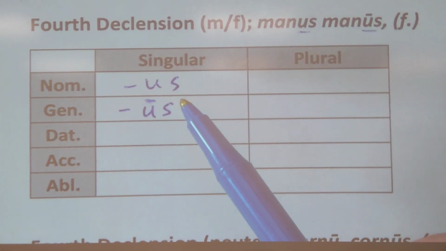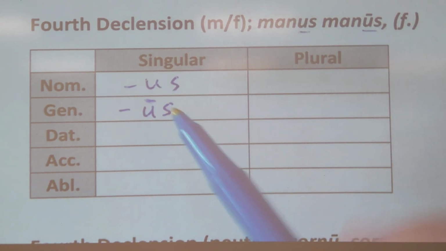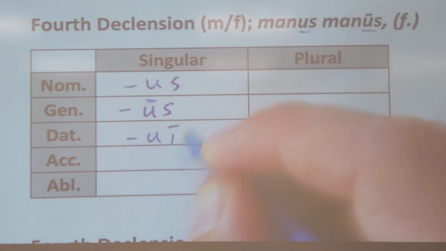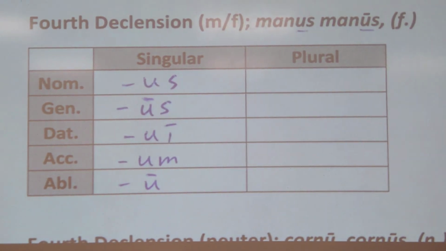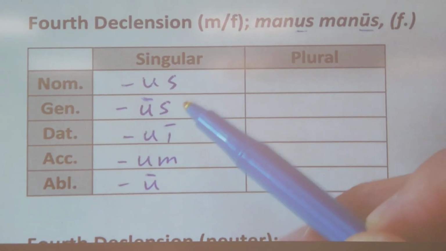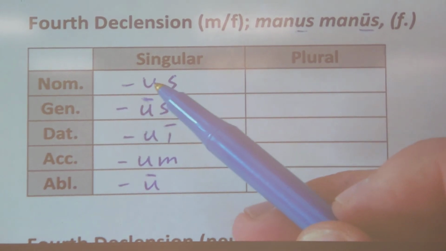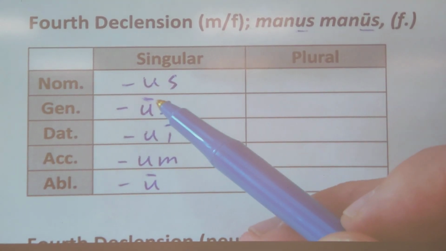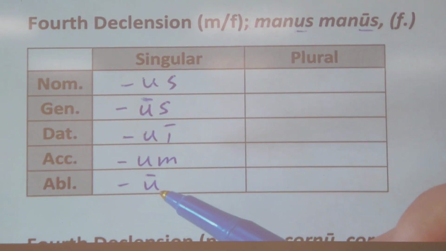Okay, so for the fourth declension, masculine, feminine, the endings go us, ūs, uī, um, ū. And when you're doing your chant to memorize them, make sure you are trying to make the long letters sound different than the short ones. So us, ūs, uī, um, ū.